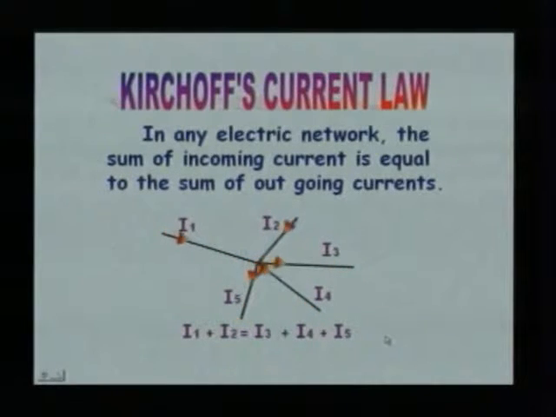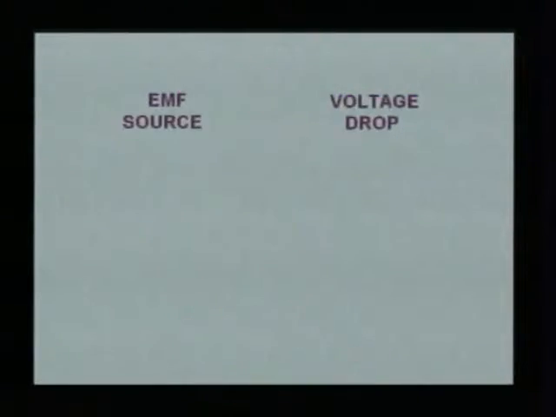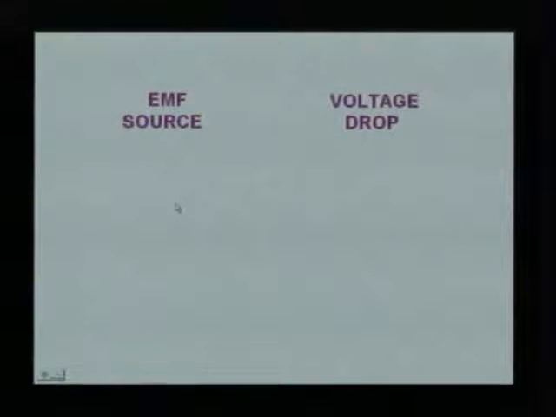Now, let us talk about Kirchhoff's second law or Kirchhoff's voltage law. This law relates the EMFs and voltage drops in a circuit. First of all, let us see what we mean by an EMF source.